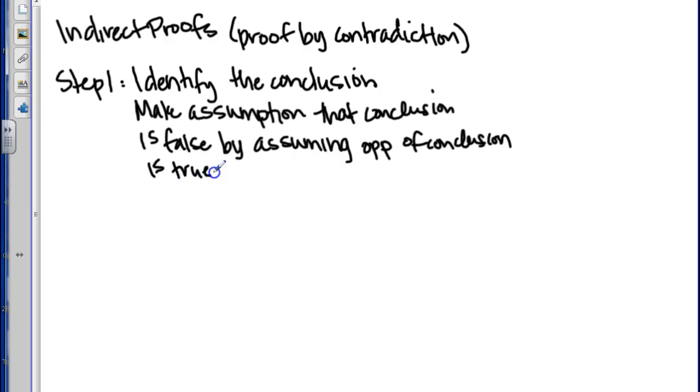Step 2, and we'll go through these in just a second. Then we will use logical reasoning to show that this assumption totally contradicts the hypothesis. So we'll walk through either definitions, postulates, a theorem, or a corollary, and we'll show that there is no way that that could happen.